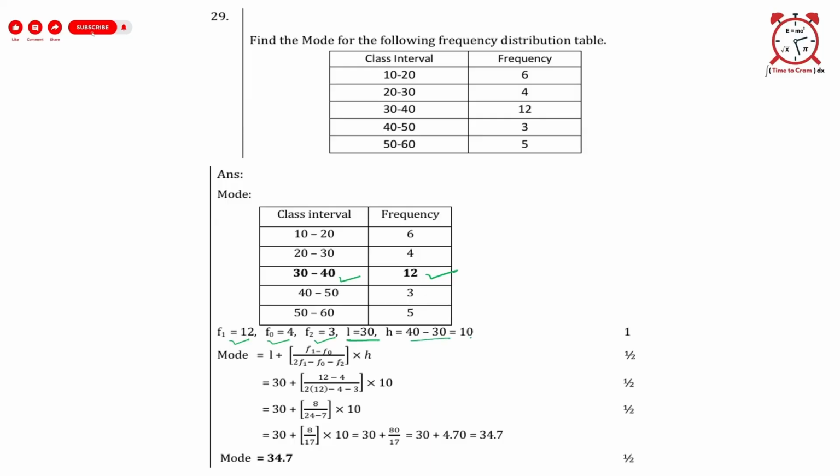So 40 minus 30 equal to 10. So let us keep all the values in the formula. The formula is mode equal to L plus F1 minus F0 divided by 2F1 minus F0 minus F2, multiplied by H. Let us keep all the values properly here. Then we will get mode equal to 34.7.